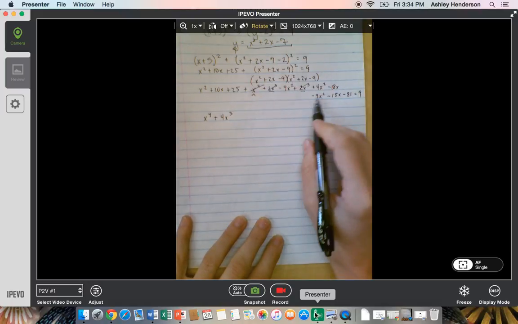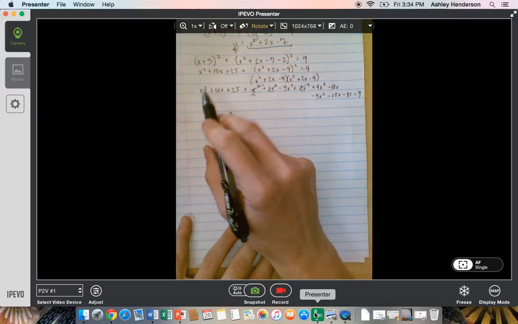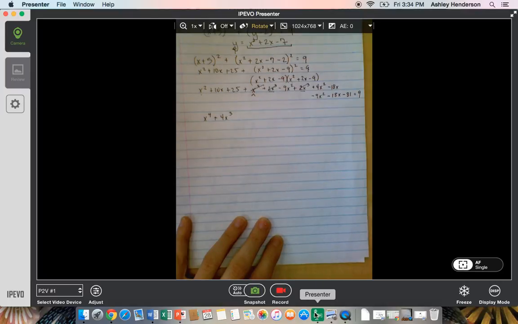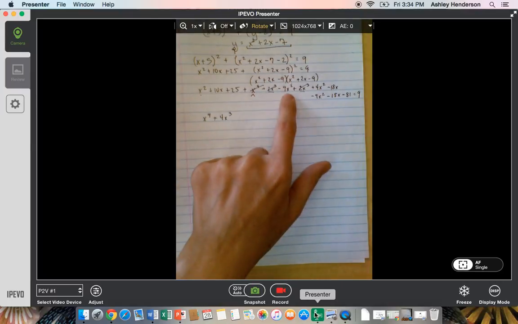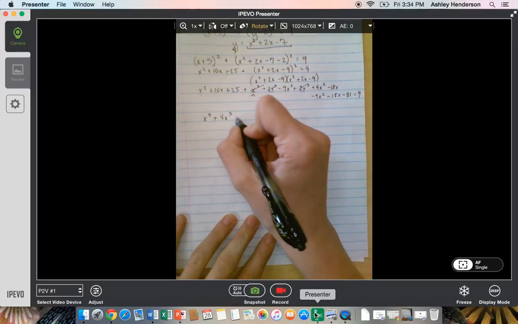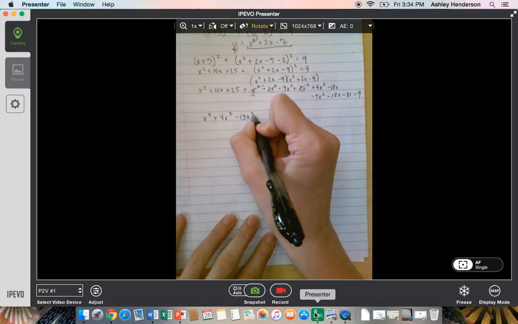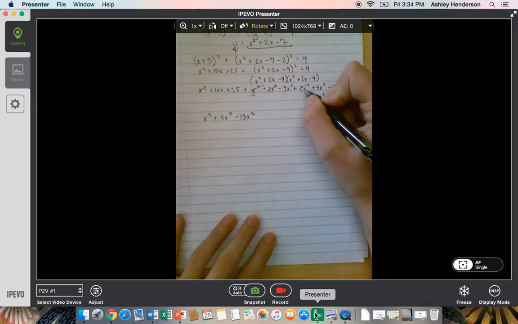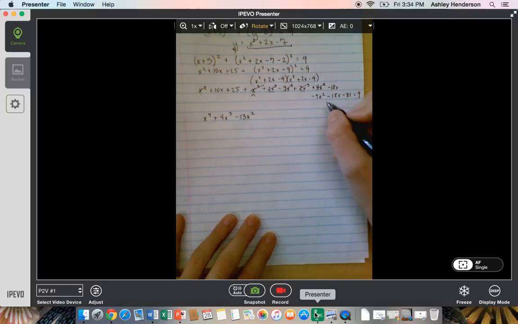All right, x squared. Sure, I have a lot of those. 1 minus 9, plus 4 minus 9, negative 13. So we have negative 13x squared. So I took care of all those boogers.